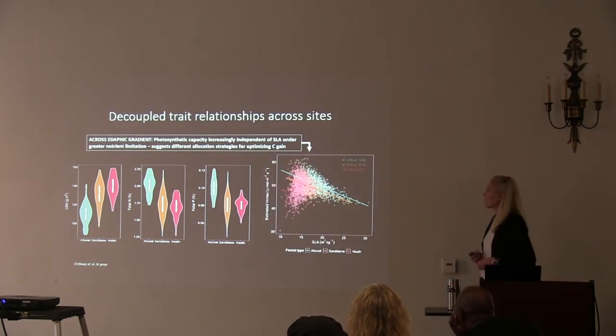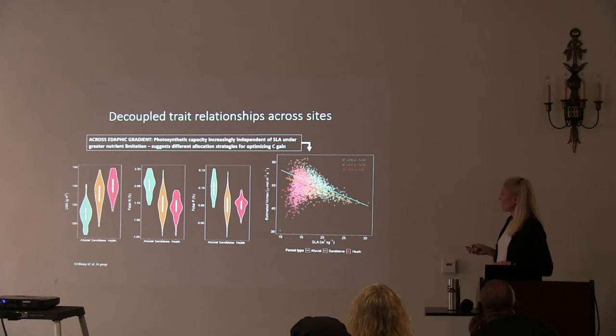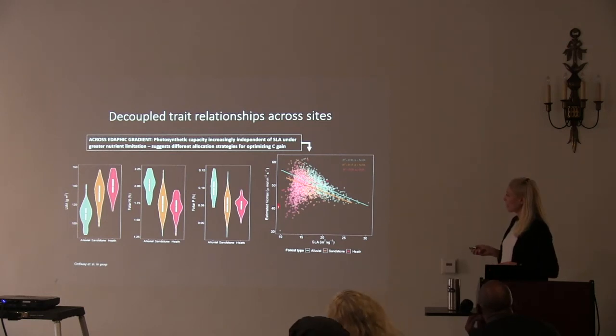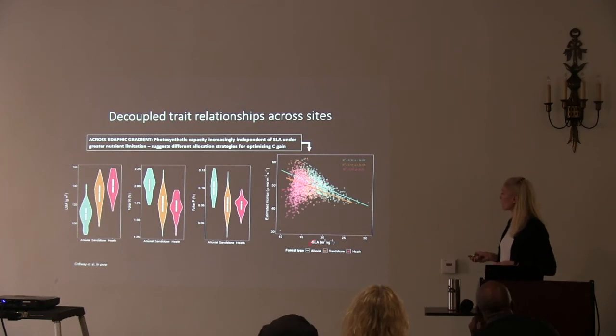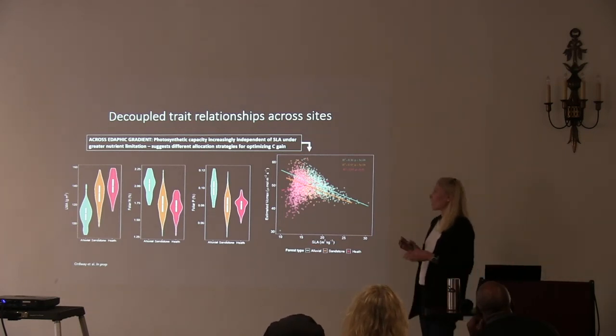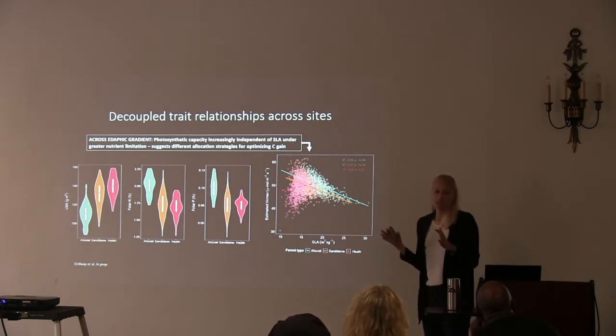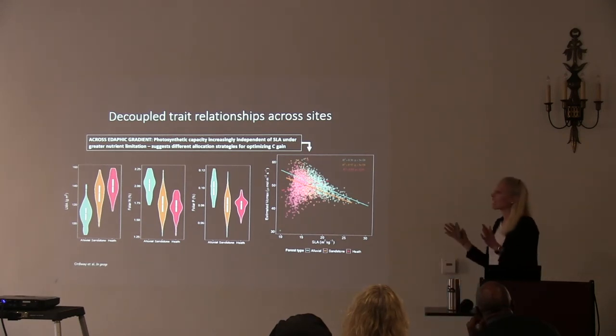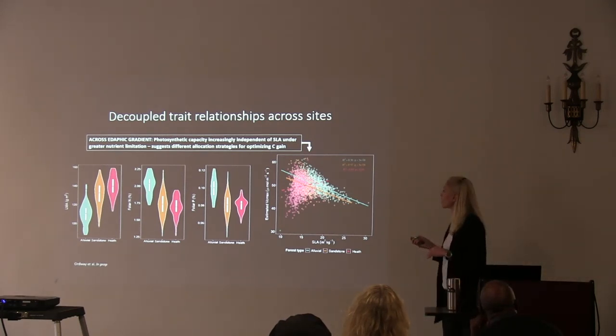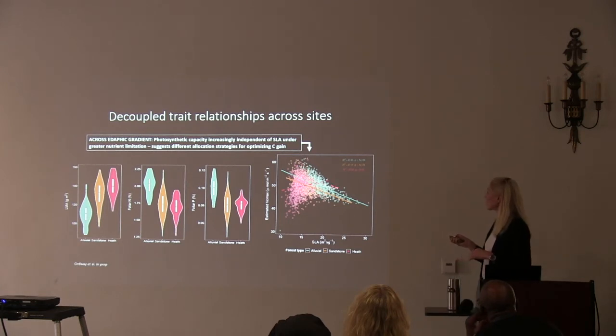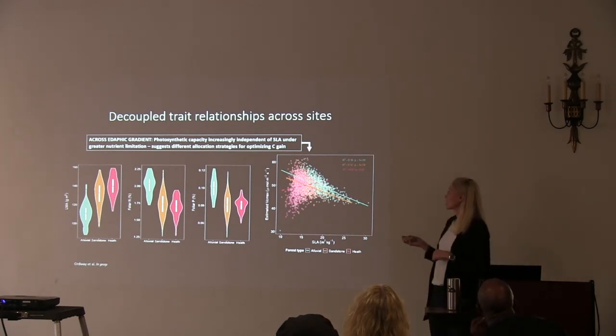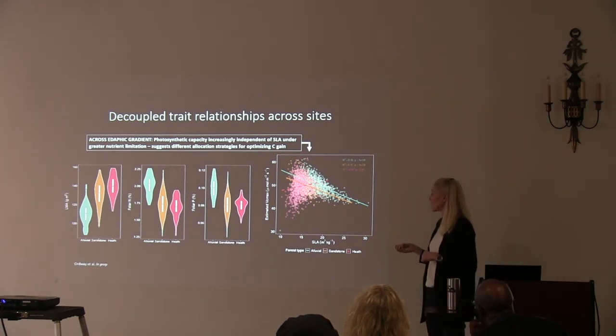What's interesting is that if you look at the two traits that we actually use to parameterize the model, so now estimated Vcmax, or that photosynthetic capacity, plotted against specific leaf area, we see across this edaphic gradient this kind of decoupling of trait relationships. If you look at the alluvial forest, each of the three colors indicates these three different forest types. The alluvial forest has a stronger relationship between photosynthetic capacity and SLA.